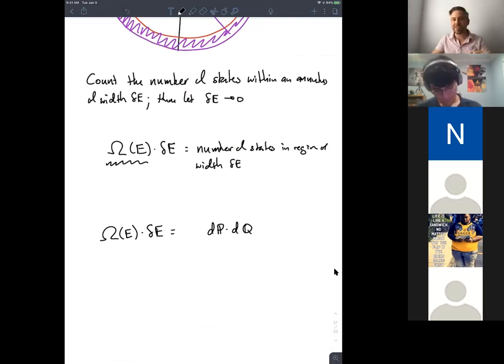I do an infinite sum over all my little boxes. Well, what is that? That is an integral, yes? So I integrate dp dq, integrating over all values of the energy of my Hamiltonian between E naught and E naught plus delta E.